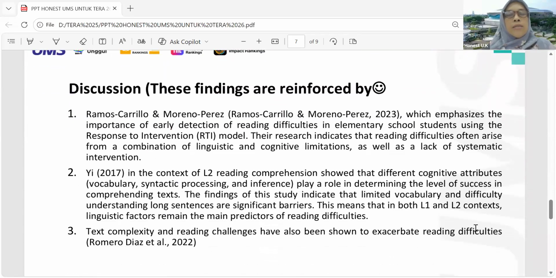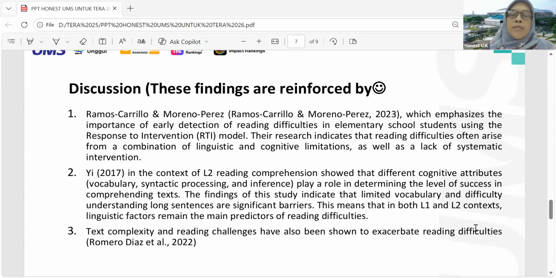The findings have been supported by previous research. The first is Remes, Carrillo, and Moreno Perez, who stated the importance of early detection of reading difficulties in elementary school students using the response to intervention model. The research indicates that reading difficulties often arise from a combination of linguistic and cognitive limitations, as well as a lack of systematic intervention.